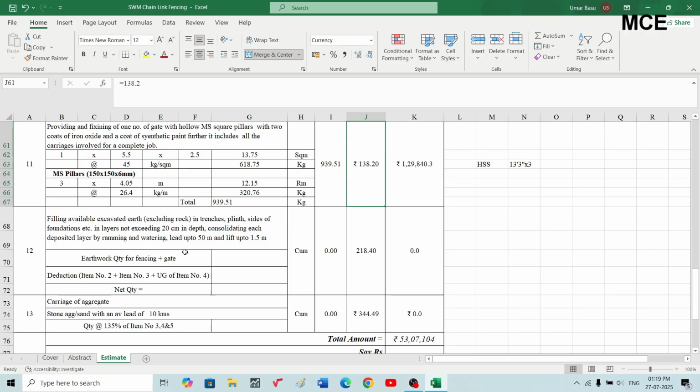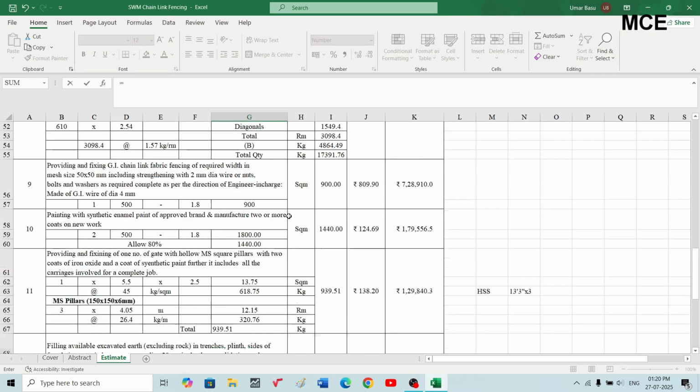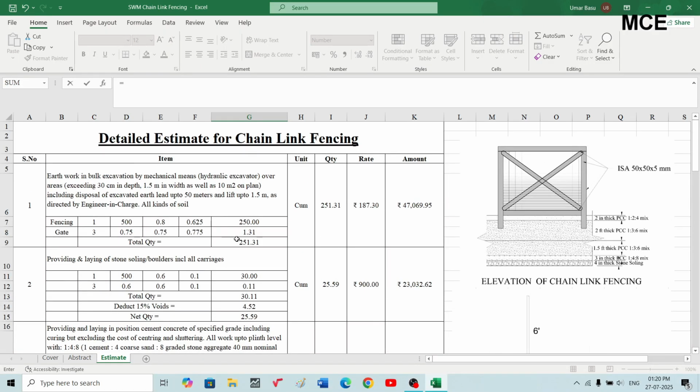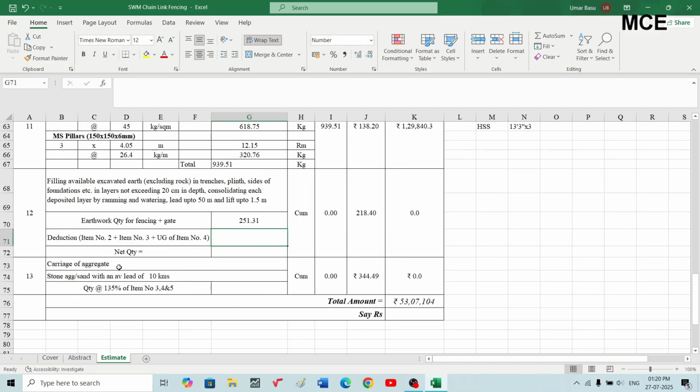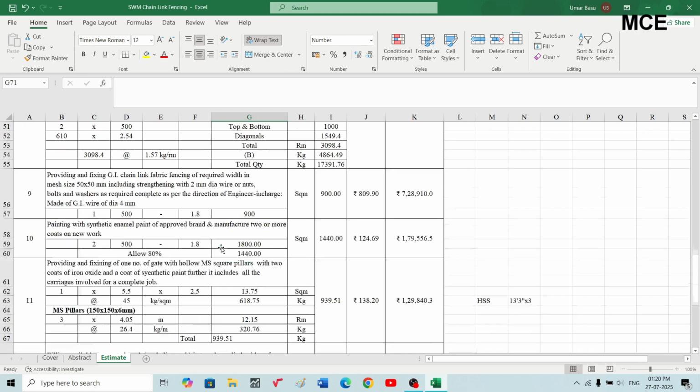So its quantity is calculated as follows. First we have the quantity for earthwork, the quantity for fencing plus gate. When you excavate, you will get some earthwork, which is this quantity, 251.31 cubic meters. And the deduction for this will be item number 2 plus item number 3 plus the underground part of item number 4.